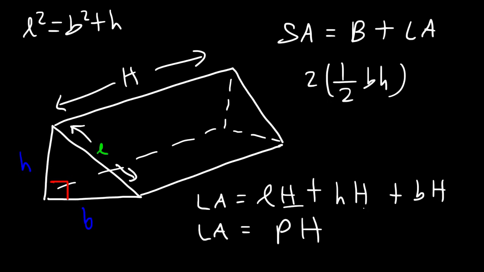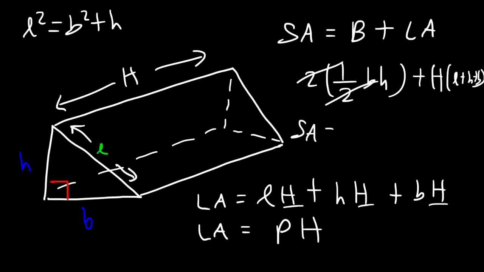If you factor out capital H, you could see that P is equal to L plus h plus b. So for this particular example, the lateral area is capital H times L plus h plus b, and I'm running out of space.